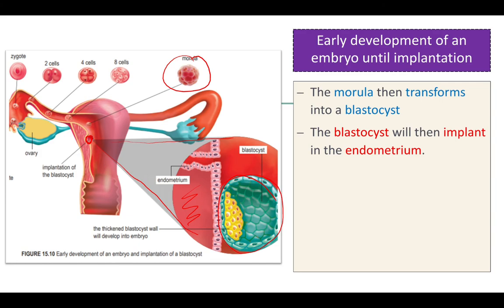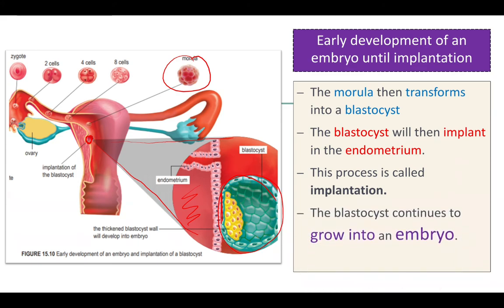Implant maksudnya dia akan menempel. Menempel ni dia melekat dan dia embedded, tertanam ke dalam dinding endometrium. Okay, the process is called implantation, penempelan. Okay, implantation. Okay, then what happened to the blastocyst? The blastocyst would continue to grow into an embryo.